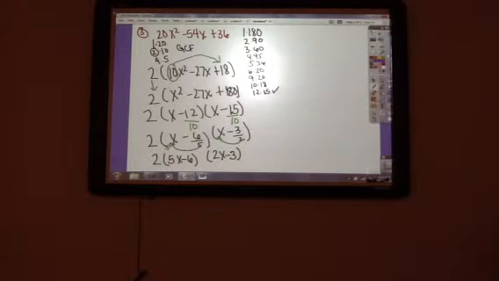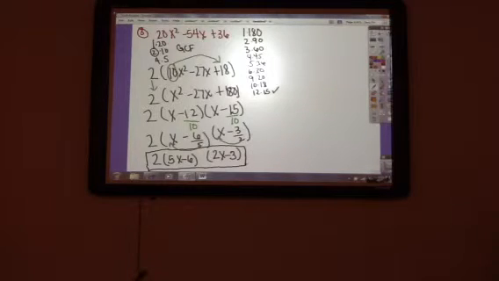These are our factors for our trinomial that we started with. 2 is a factor, 5x minus 6 is a factor, and 2x minus 3 is also a factor. You must include this whole thing as your answer. If it only asks you to factor, you would stop at this point.